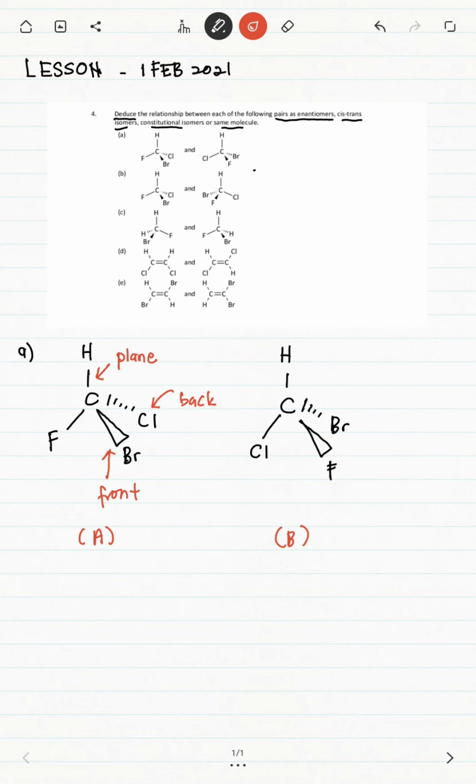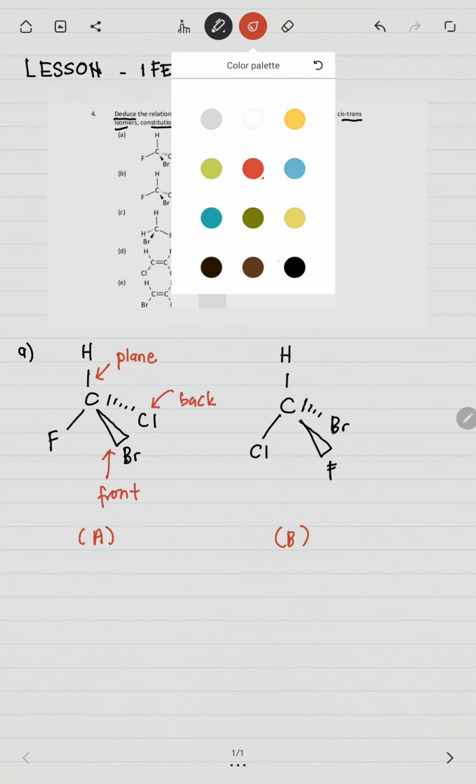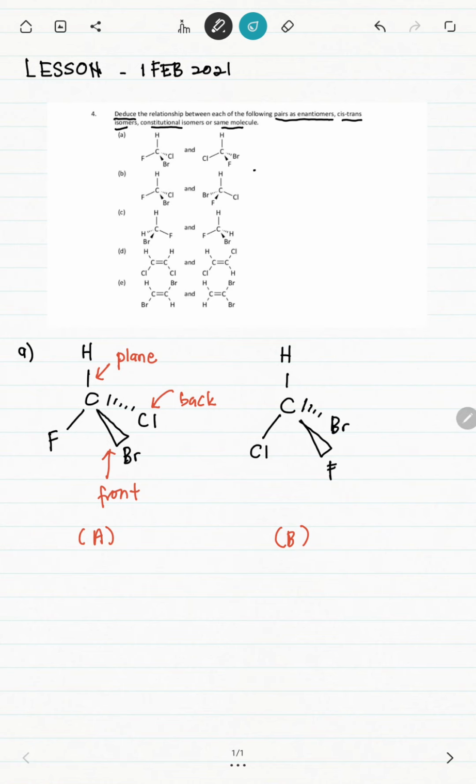Basically, you must first identify whether the compound consists of a chiral carbon. If the compound consists of a chiral carbon, it means the compounds can maybe form enantiomers.